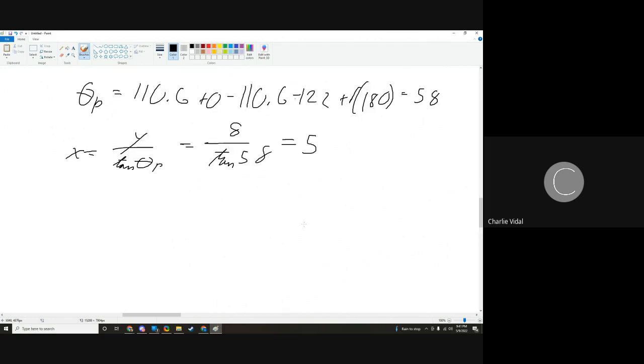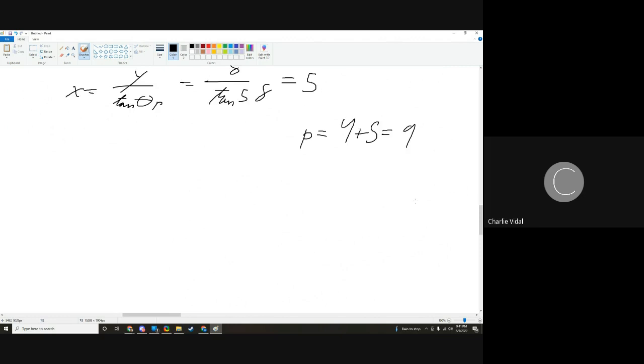When you get the value of 5, though, p is equal to 4 plus 5, right? Because it's a distance of 4 plus 5 away, which is equal to 9. I'm not going to do the gain because that's not too helpful.